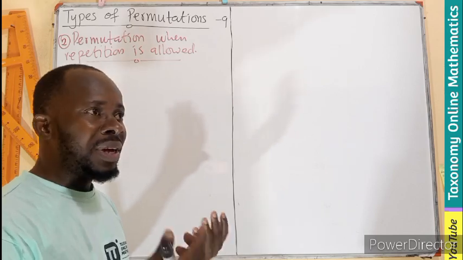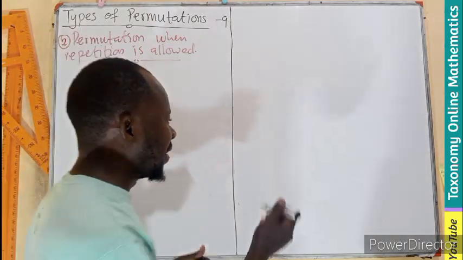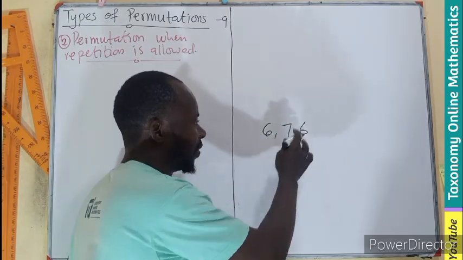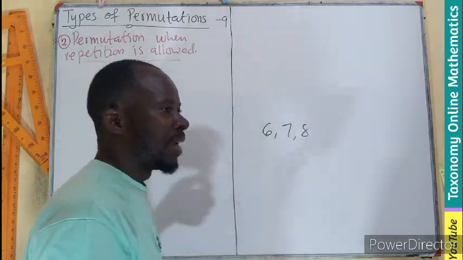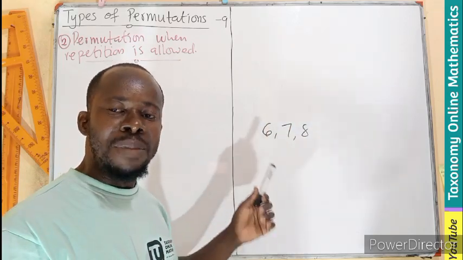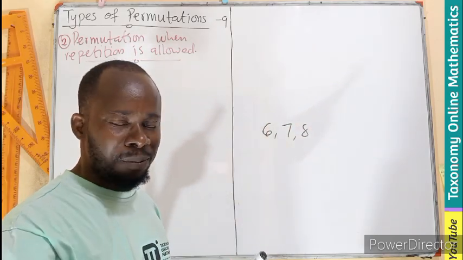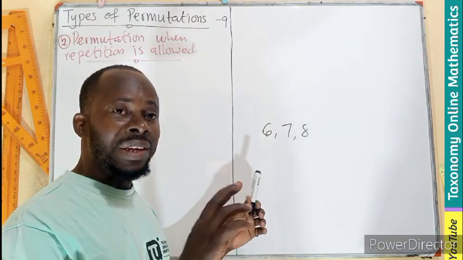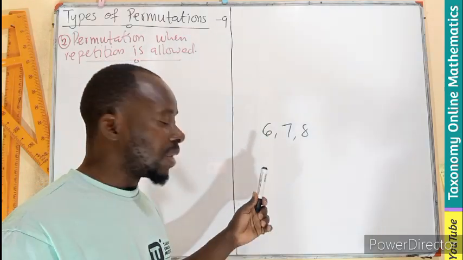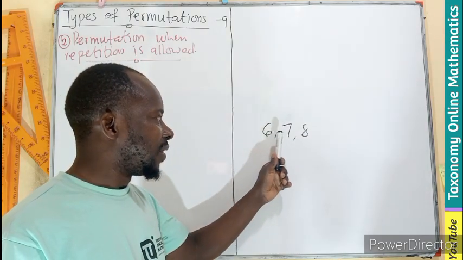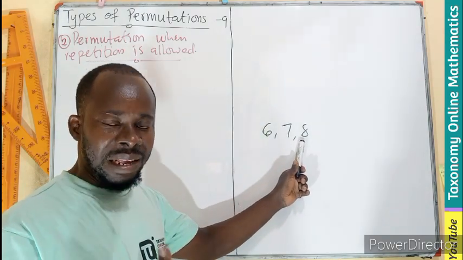So if I have 3, let's say, numbers to write, let me just make it 8. Then I want to write all these numbers whereby there will be repetition, picking all of them at a time. It means that when I want to create, let's say, 3-digit numbers, it could be 6, 7, 8. That is the size I'll get.